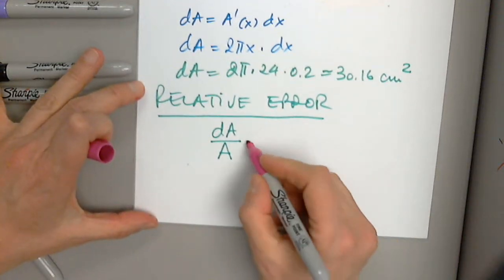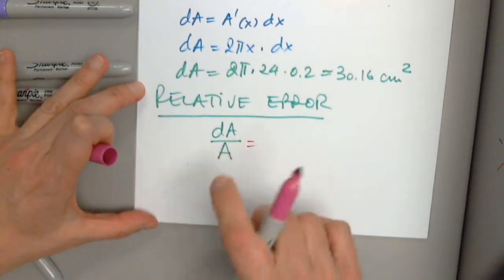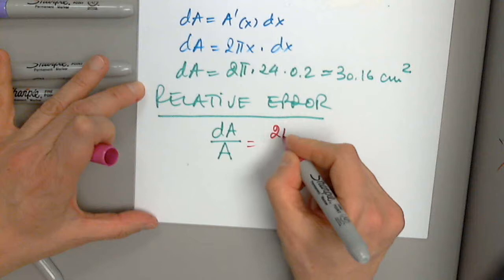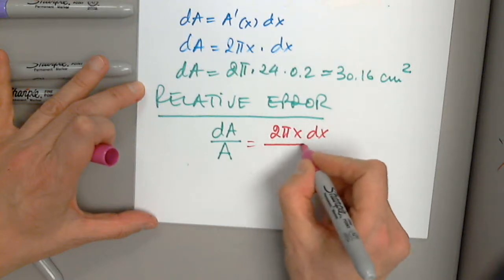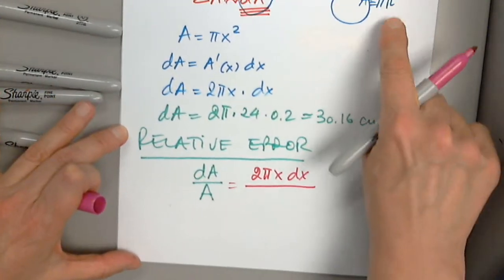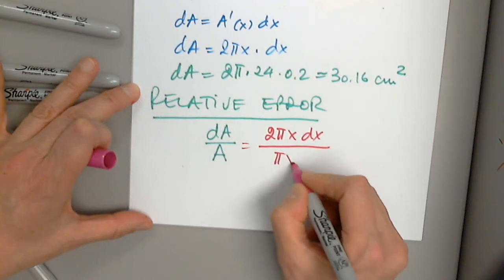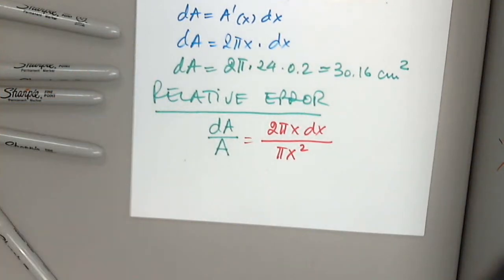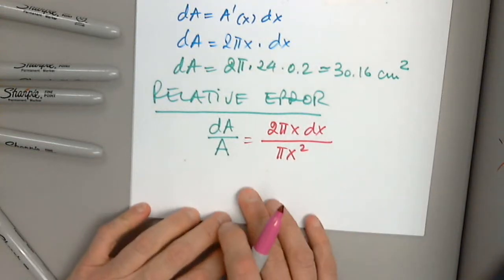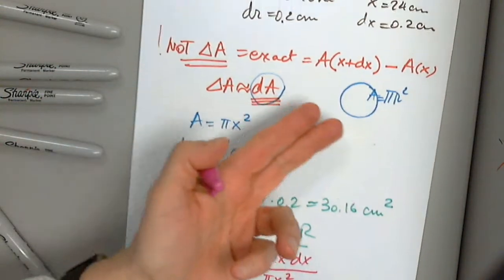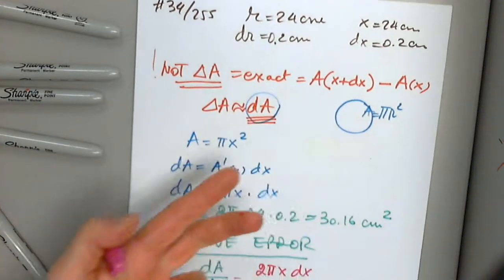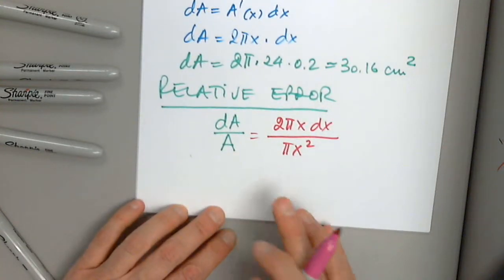This is the one I like. I write that dA is this formula, 2 pi x dx. And I write that A, of course, is this formula, which is pi x squared. And I simplify first before I plug in the numbers. Although you can determine the area with 24 and then plug it in here, it's more work, I think.